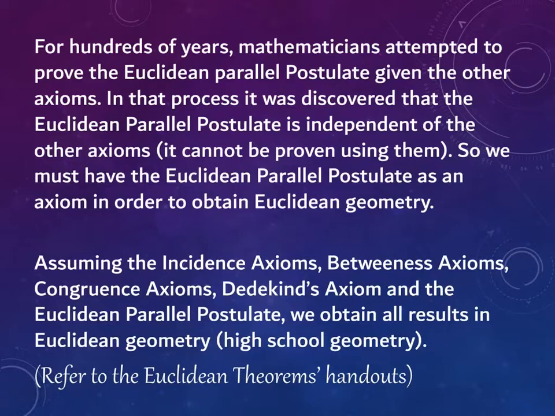These were all the Hilbert things, and Dedekind's axiom, that's for continuity, and the Euclidean parallel postulate. And in doing so, we obtain all the results in Euclidean geometry. Geometry from high school.